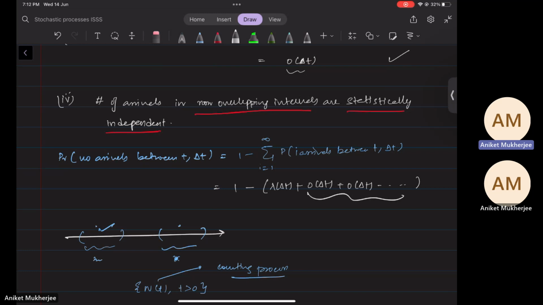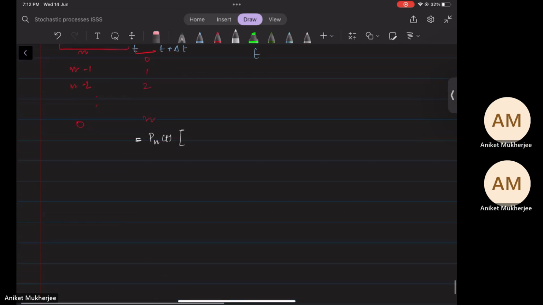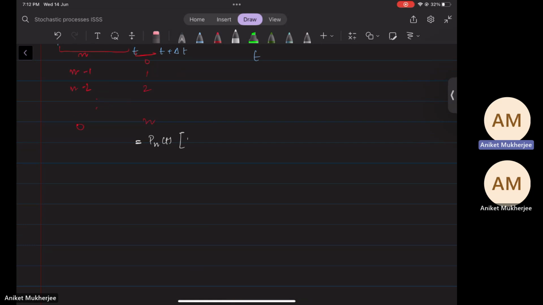Even if I have an infinite sum of such terms, these again form a function which is of the order of delta t. So this is 1 minus lambda delta t minus order of delta t. So the probability of no arrivals between t and t plus delta t is 1 minus lambda delta t minus order of delta t. I write that here.